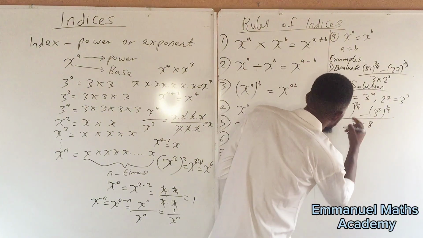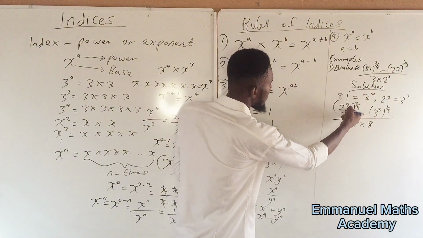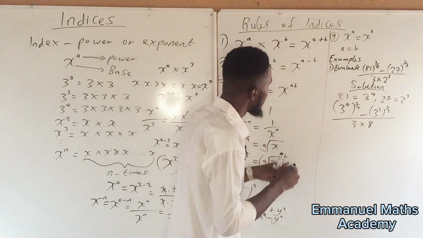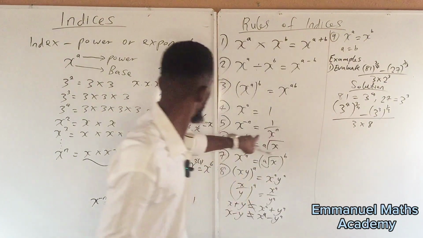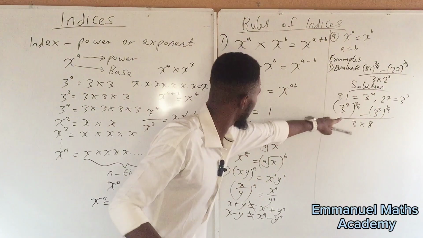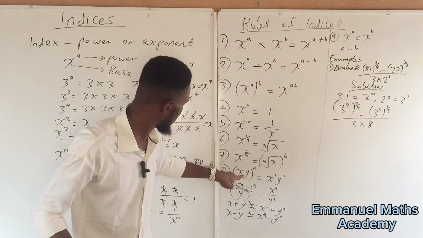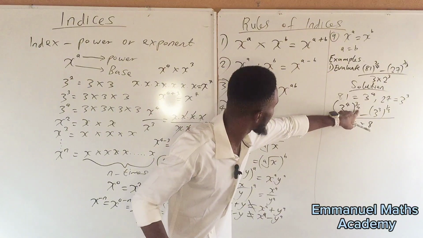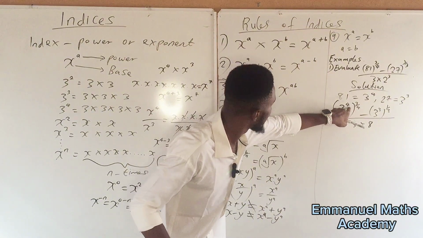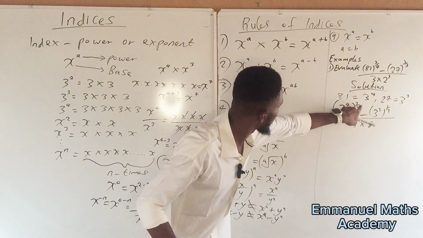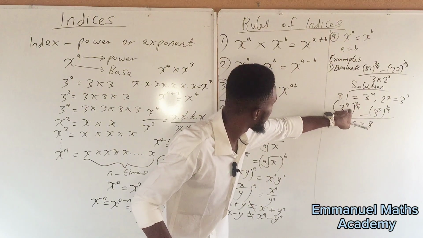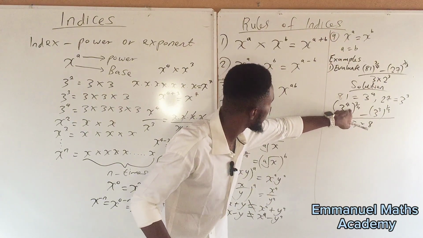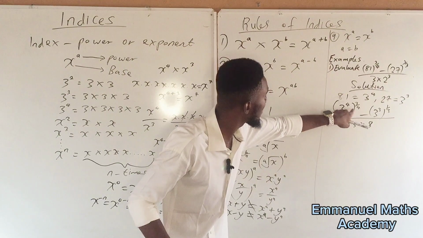Now using the rule of power, this fraction 3 over 4 will come inside. You have 3 times 4, which will give you 12 over 4, right? That means 4 will cancel 4.